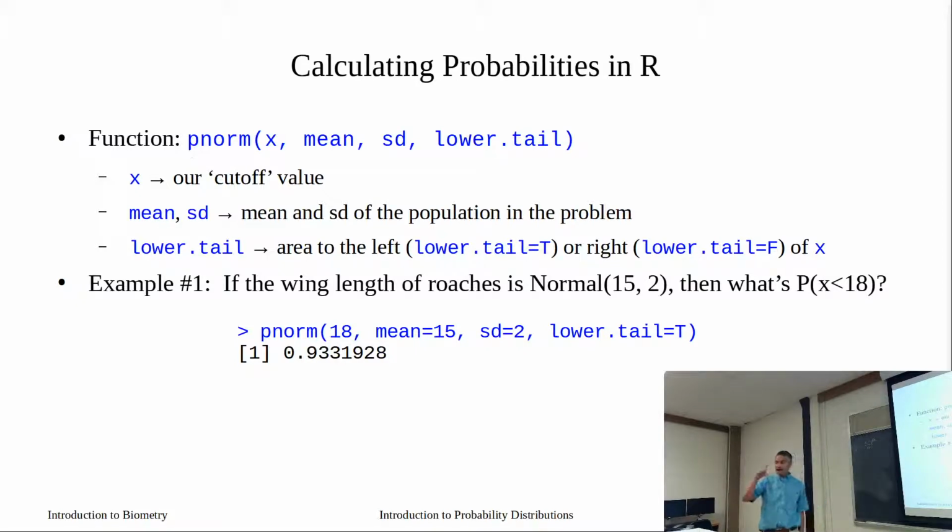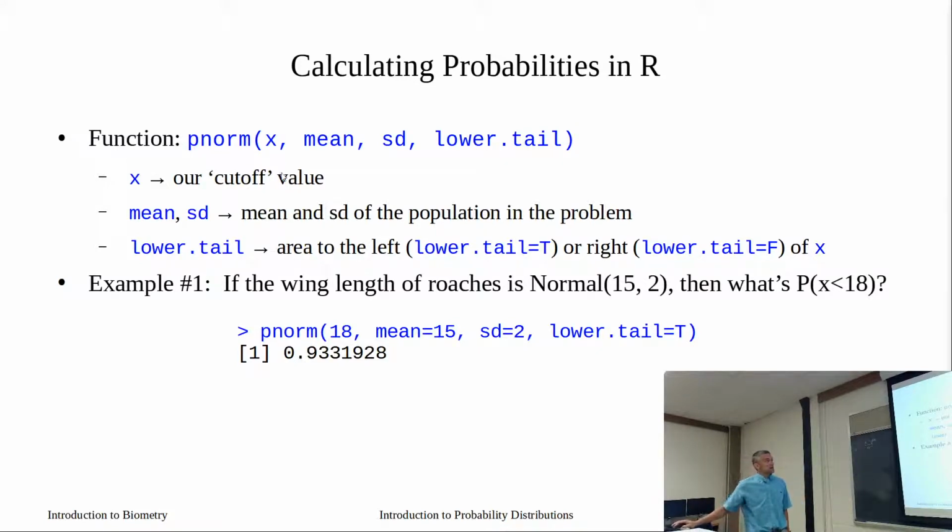That gave us the height of the curve. We don't want the height of the curve because in a continuous distribution, that's not what we're looking for. We need this slice. We need the area under the curve. And for that, we're going to use pnorm.